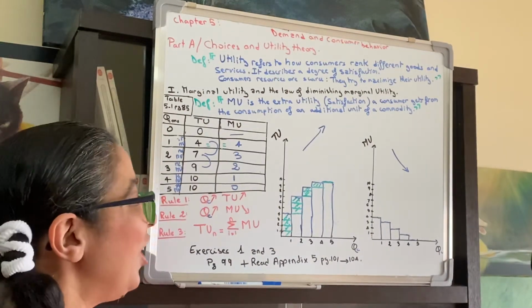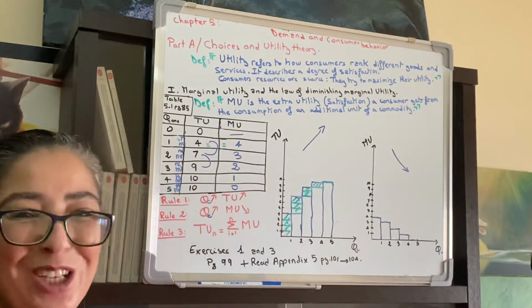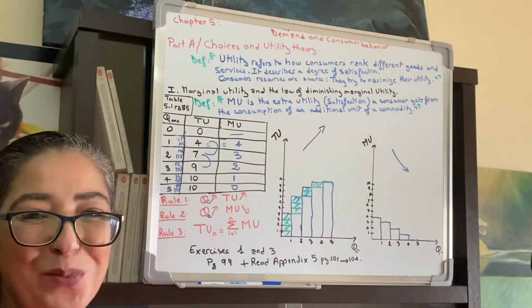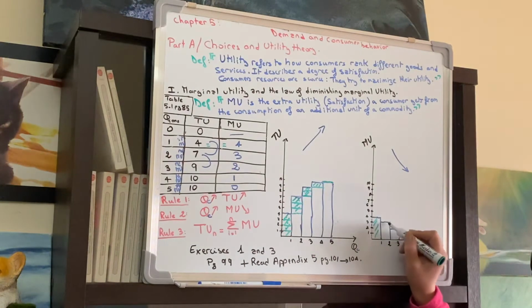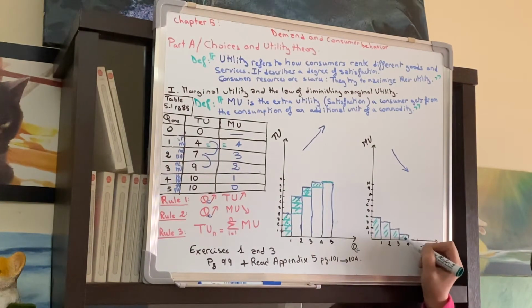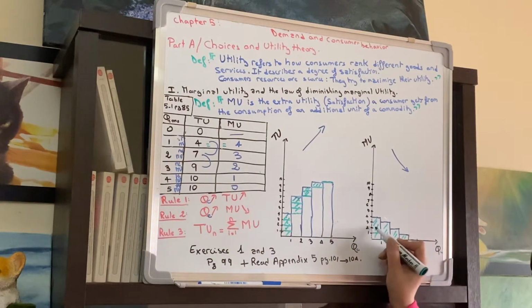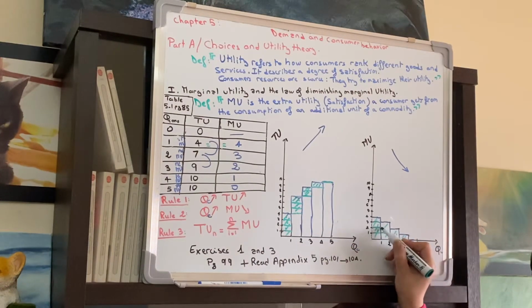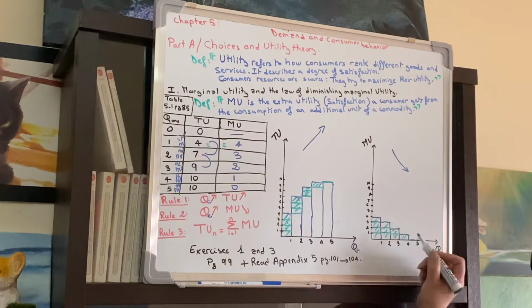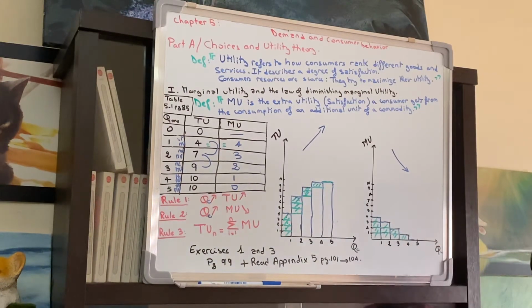So that's the marginal utility within the total utility so that you see the difference. Clear? So I'm going to keep the green so that you know that it's the same thing. Here you have 4, just like you have here. Here you have 3, just like you have here. 2, just like you have here. 1, and then 0. You got it?